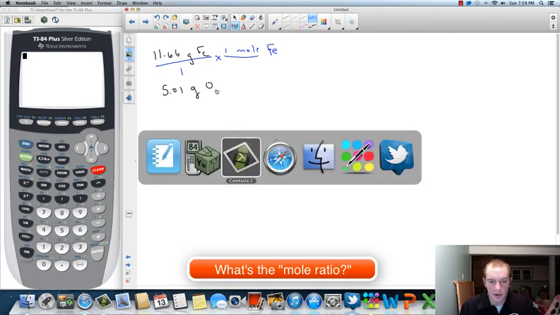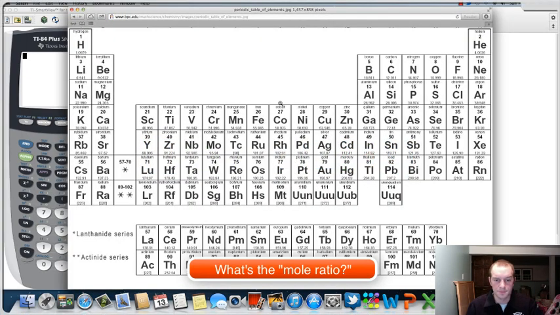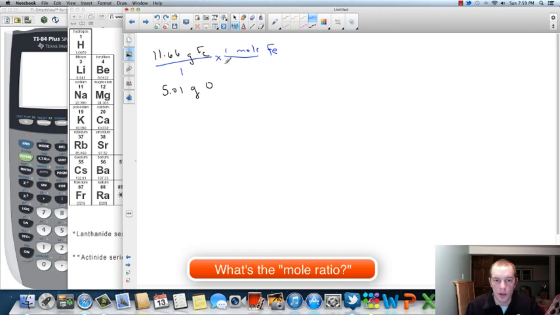We get that by going to the periodic table, which I happen to have up right here. We can see iron's right here. It's 55.845. Remember, we're going to round to 2 decimal places for our molar masses, so we'll call it 55.85 grams of iron for every 1 mole.